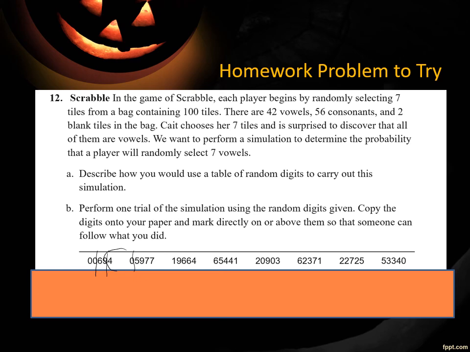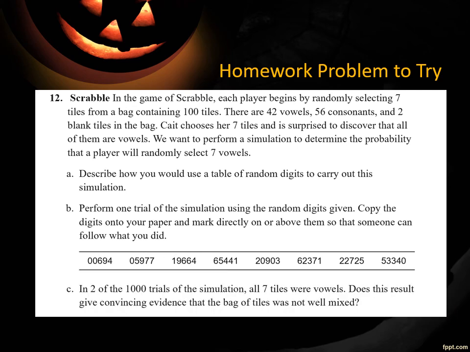Oh, 40. That's a vowel. 59, 77, 19. That's a vowel. 66. I think that's 7. 1, 2, 3, 4, 5, 6, 7. Okay, so I ended up with 2 vowels in my simulation out of 7.